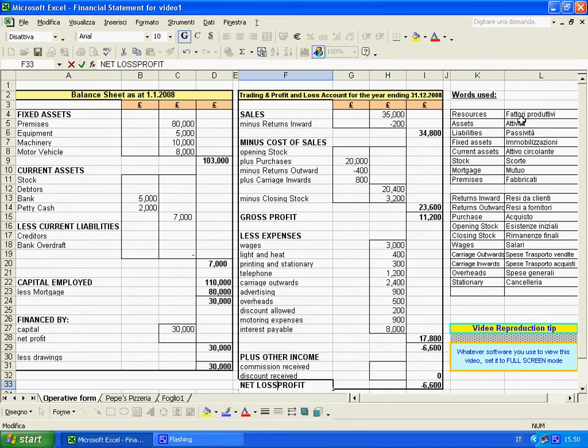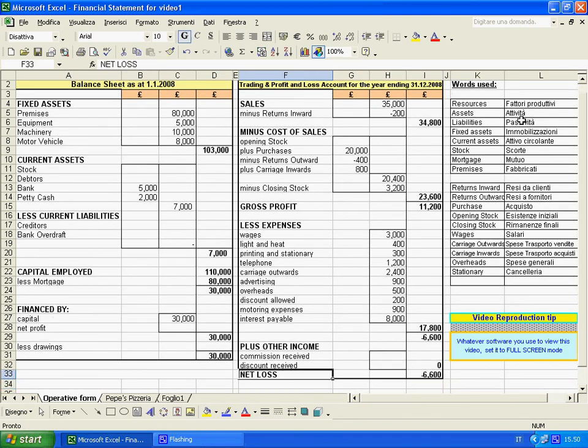This situation is pretty common in the first year of the life of the business, because the business is not yet well known, and the market share is pretty low.